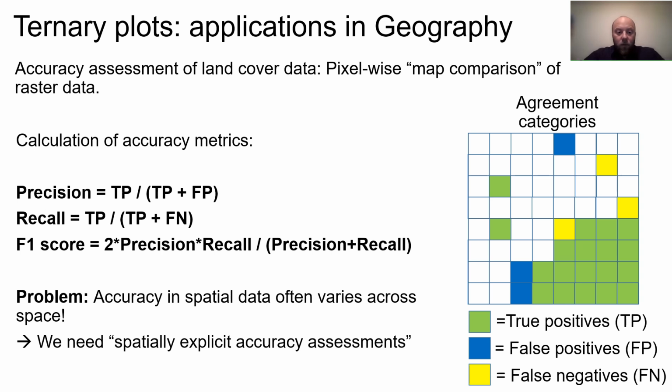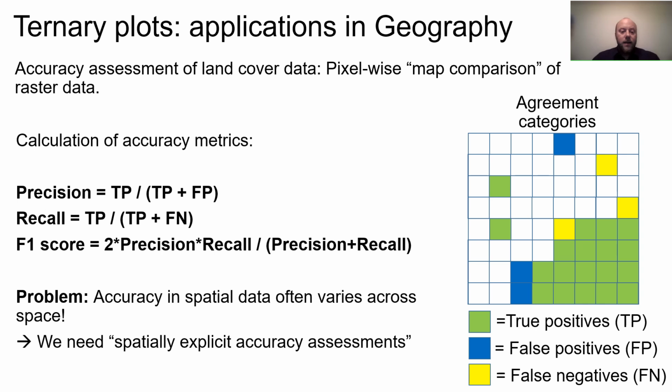So what we can do with these measures is quantify the accuracy for our whole study area, right? But the problem is if you look at large data sets that cover different countries or different geographic regions, different geographic settings such as highly urban and rural areas, that accuracy actually varies across space, right?